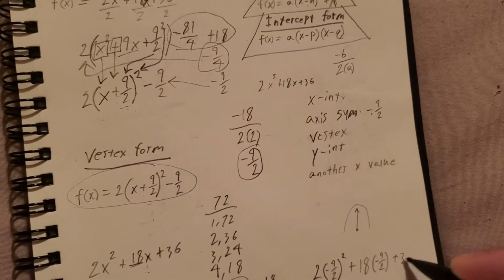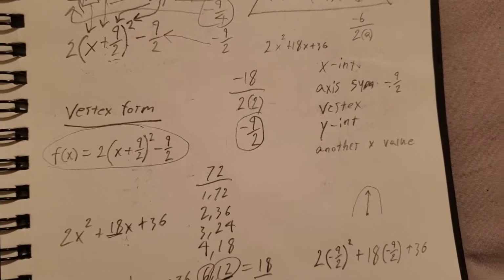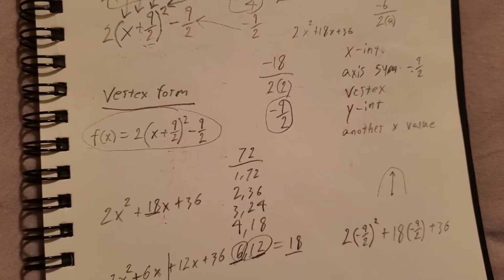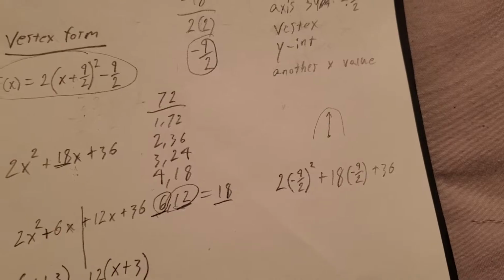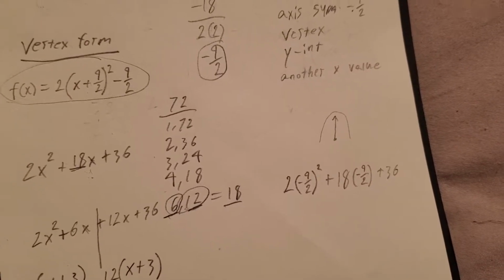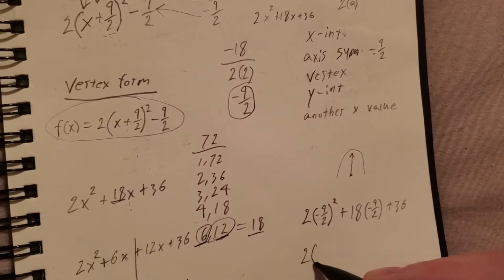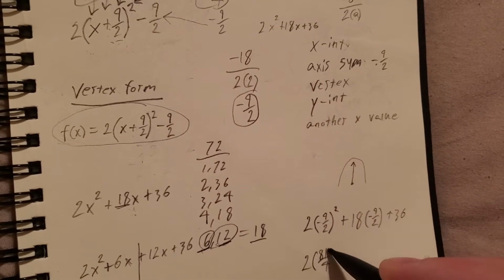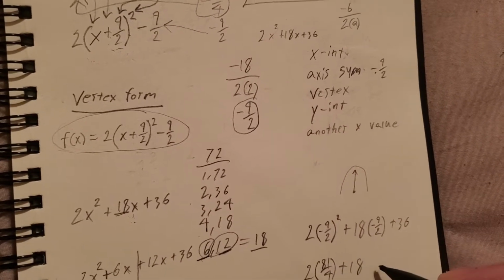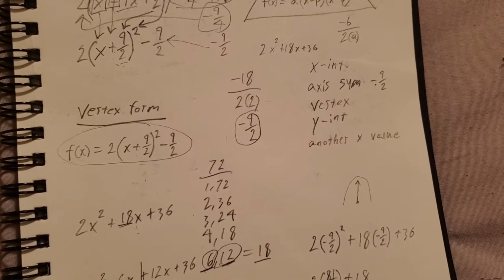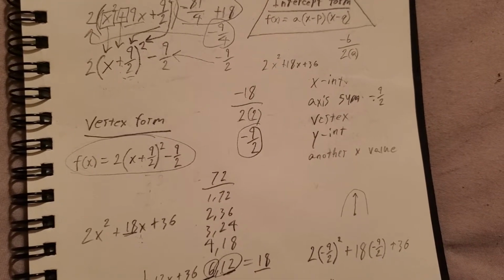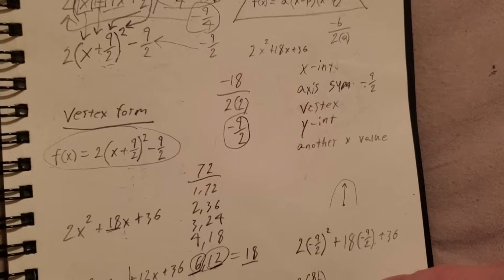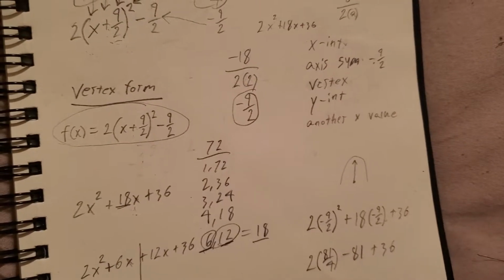Plus 36. All right, and if you work this out, we have negative 9 divided by 2 squared, which gives us 2 times 81 over 4, plus 18 times negative 9 divided by 2, which literally just gives us negative 81 plus 36.